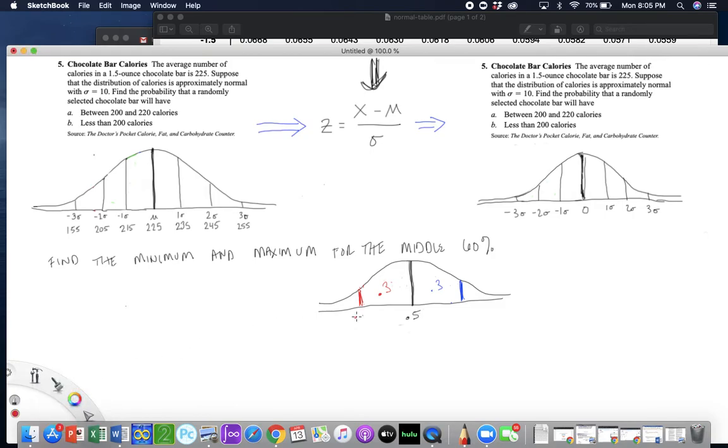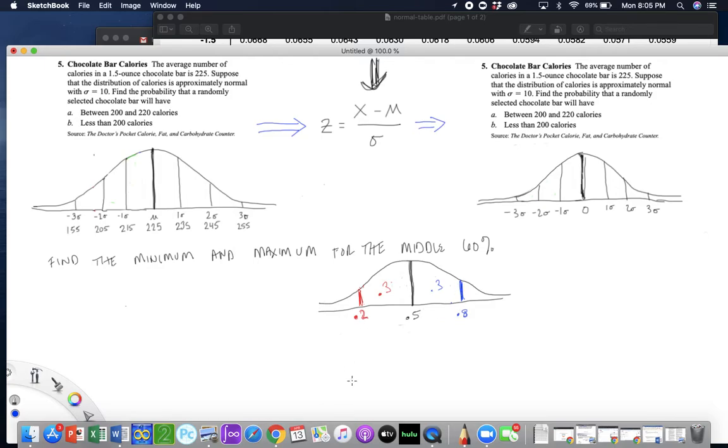That would be 0.2. If I want to find the value associated with this mark, I would look up 0.2 in my table. And on the other side, I would be looking up 0.8, because I'm concerned with the area that produces this spot right here.